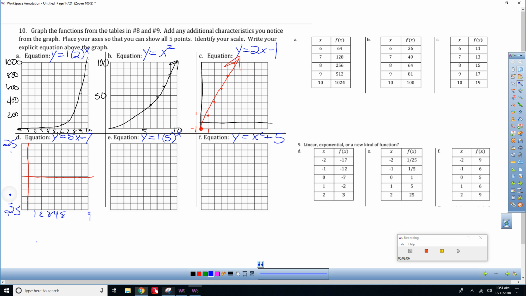It's going to be here. -1, -12 is going to be here. 0, -7. 1, -2.